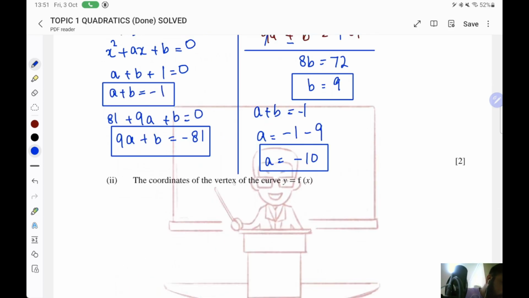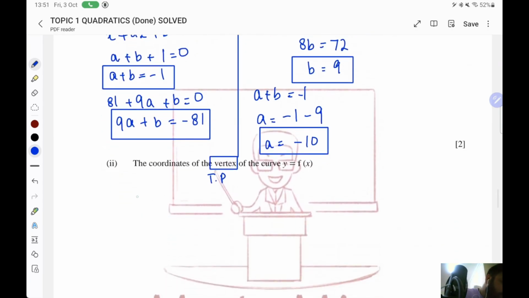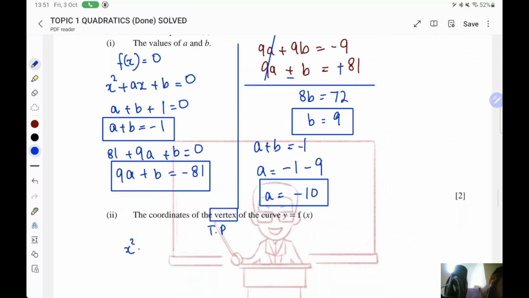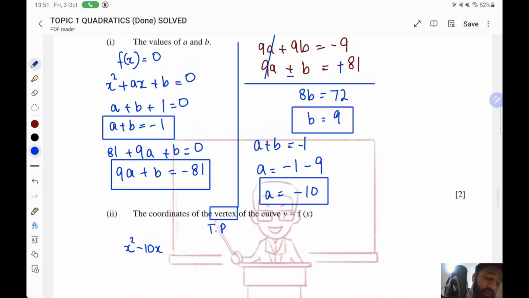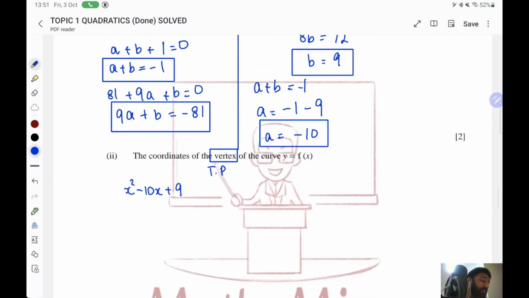Vertex means the turning point, and you can only tell about the turning point when you write down your equation in the completed square form. So the equation will become x square, a is minus 10, so it's minus 10x, plus b, which is 9, so plus 9. Now this is the function that we have, that is f of x.